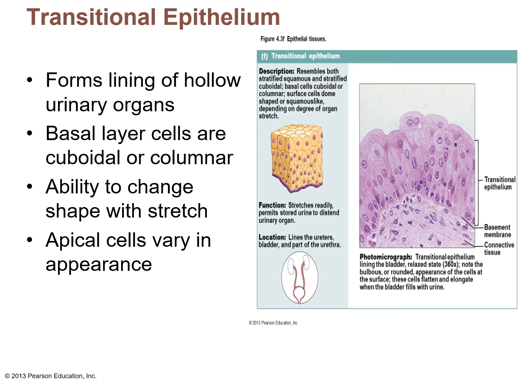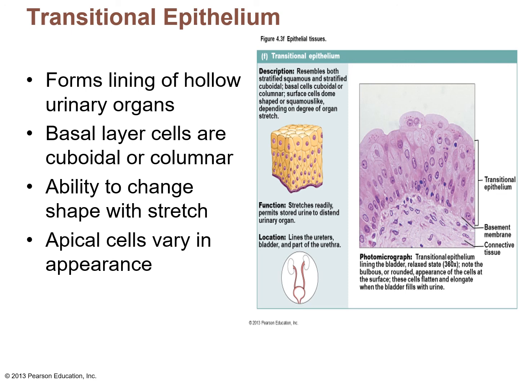Another type of epithelium tissue we have is known as transitional. Transitional just means that this type of tissue has the ability to stretch. If you think of your urinary bladder, it has the ability to stretch when it's filled with urine.